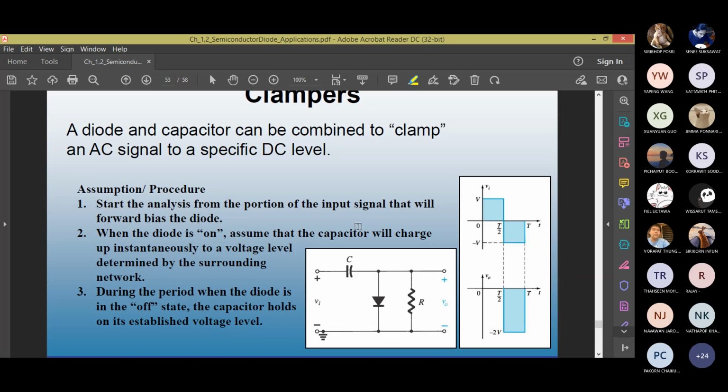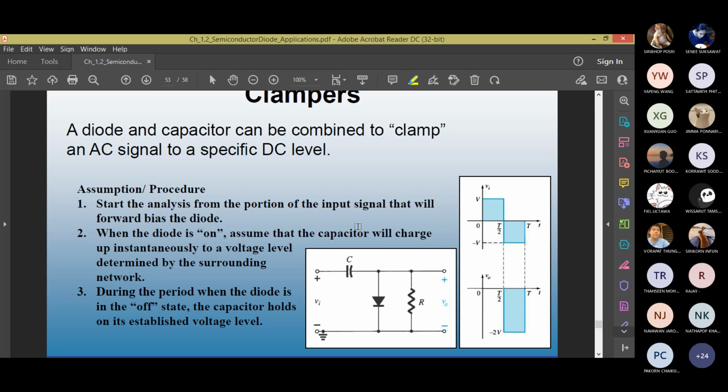For the clamper, you have another component which is the capacitor. If you combine diode and capacitor and then connect with the load, this can be used to shift or to clamp an AC signal to a specific DC level. It is shifting the DC level.